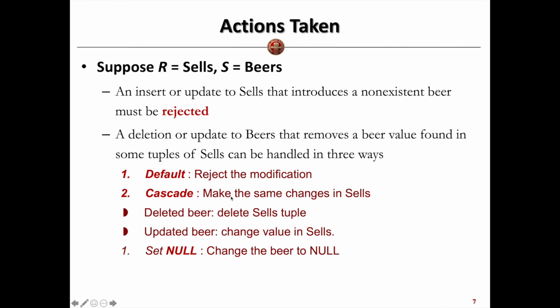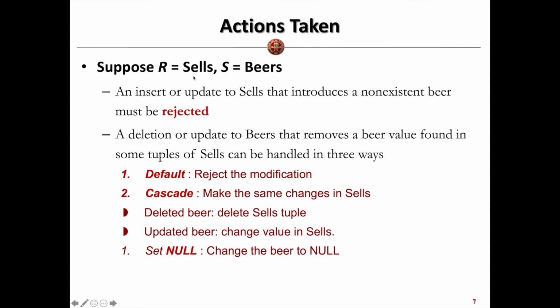For example, if we delete some beer in the beers table, the operation we do for the R instances will also be the same. We just delete the corresponding selling records for the deleted beers. If we update some beers in the beers table, the S table, and we decide to use a cascading strategy, then the same operation will also be applied to these beers we refer to in the sales table.